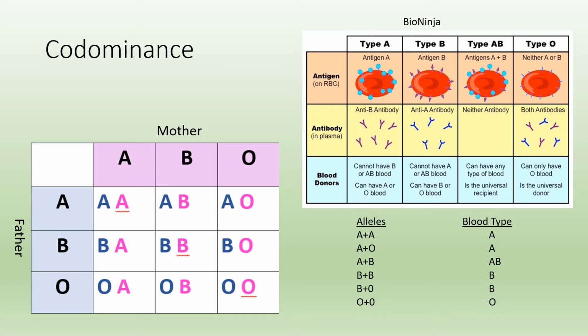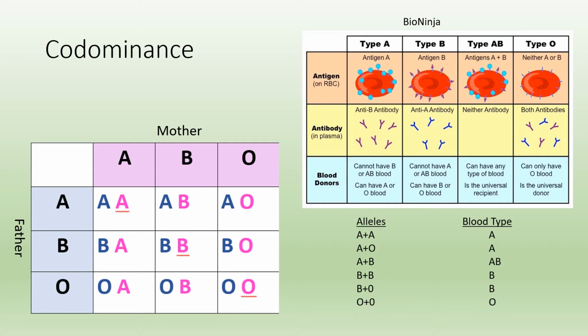So depending on your mother's blood type, you can get A, B, or O from her. And depending on your father's blood type, the same. And that results in all of these combinations. And these combinations can give you one of, well, 4 blood types.